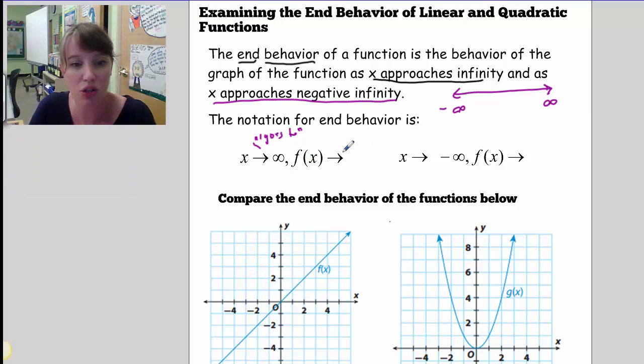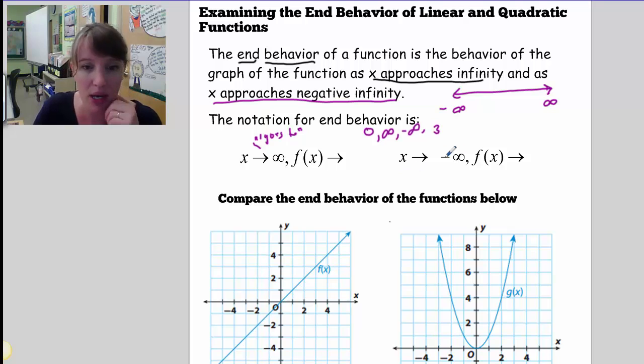Your choices are that the function could go to 0, it could go to infinity, or it can go to negative infinity, or it can go to another number like 3, for instance. What we are mostly going to see are functions going to either infinity or negative infinity. Another way of saying this is the function gets really, really large, or it gets really, really small. And then this notation is the end behavior as x gets very small, or goes to negative infinity.